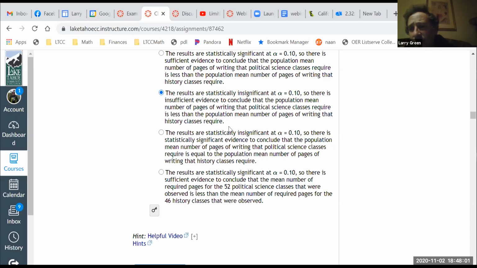I want to mention something that's very important for your project, for project 2. These two words, population mean, are going to be in many, many places in your project. If they're not, you're going to send me your draft and I'm going to give you all kinds of comments about how come you didn't say the population mean.